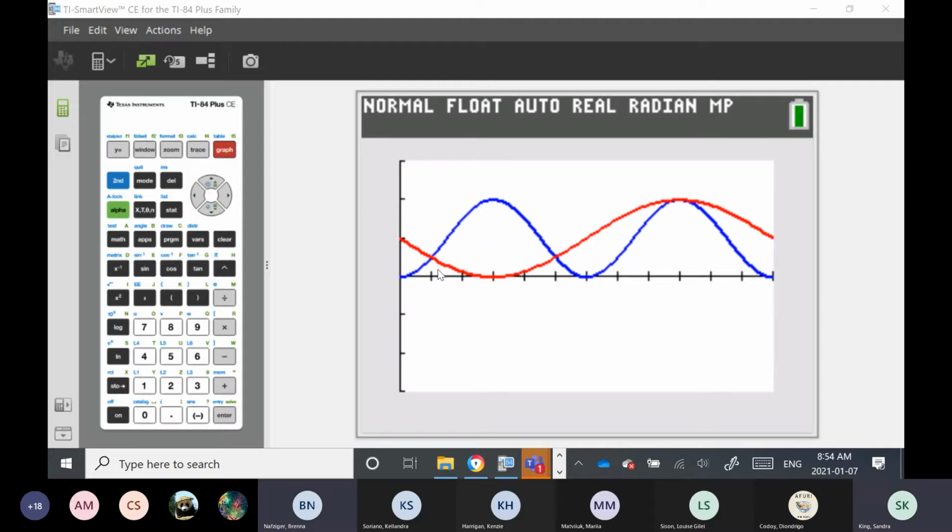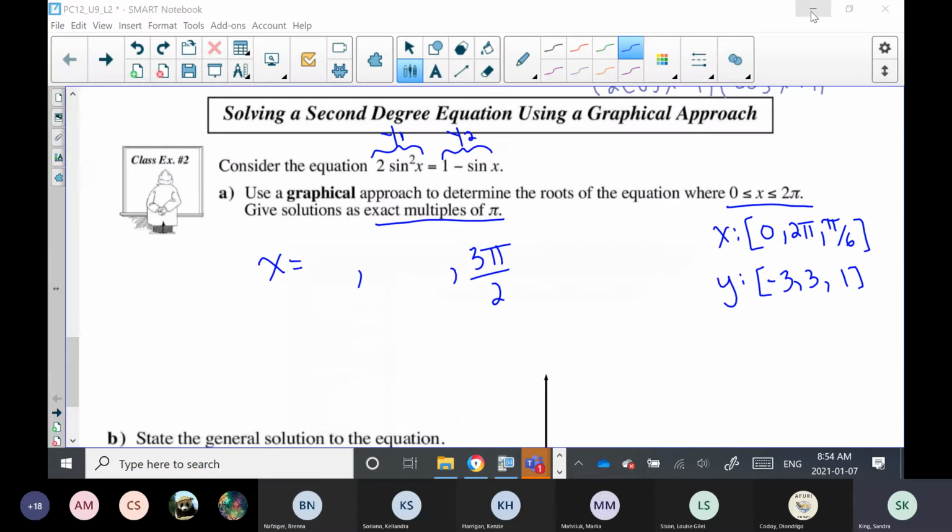All right, I got 5 pi. Yes. Oh, Brenna, did you do this one? Oh yeah, that's the one I meant. Sorry. The second one? Okay, 5 pi over 6. So that's correct, 5 pi over 6. And Angel, do you have this first one done?